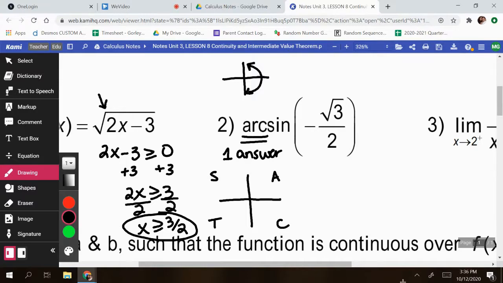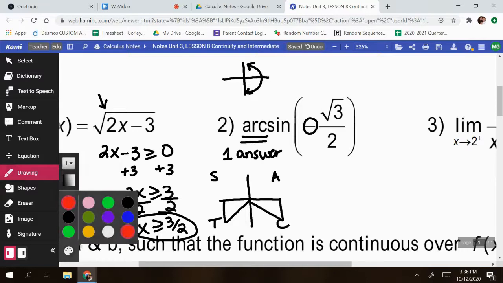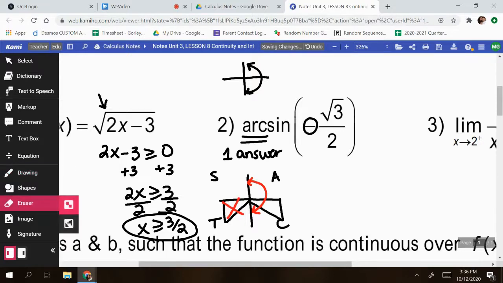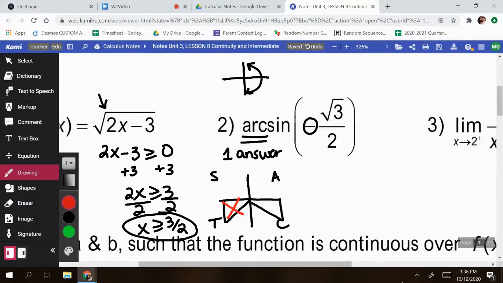You can see here that this sine value is negative. So sine would be negative in the third quadrant and the fourth quadrant. Okay, but remember, because of the arc, we're only working in this region, so I'm not going to use this triangle. So we're really just looking at the fourth quadrant here. Sine is opposite over hypotenuse.